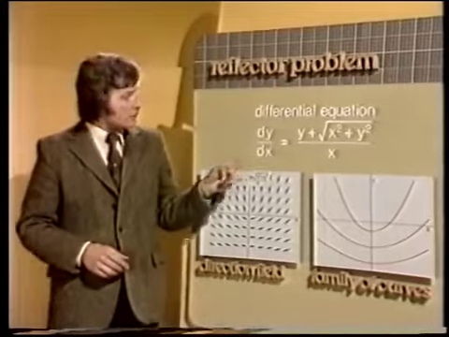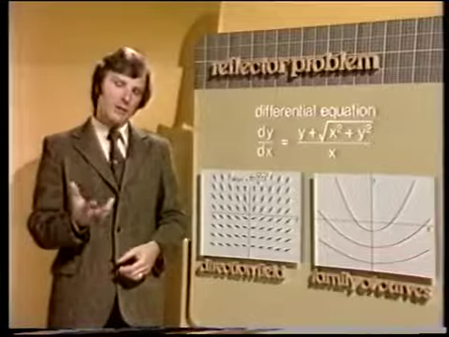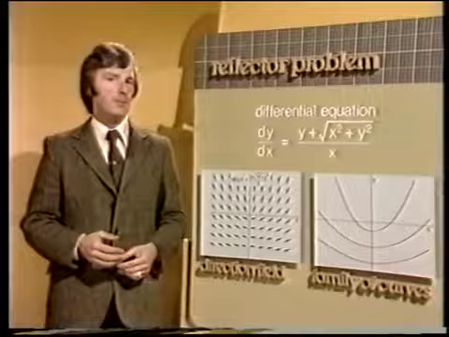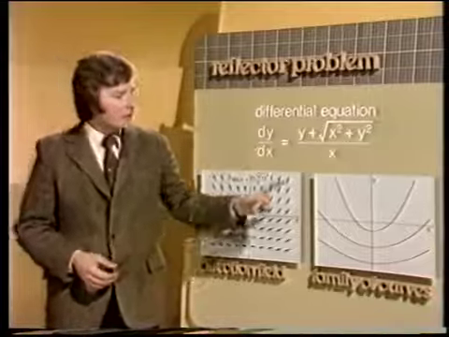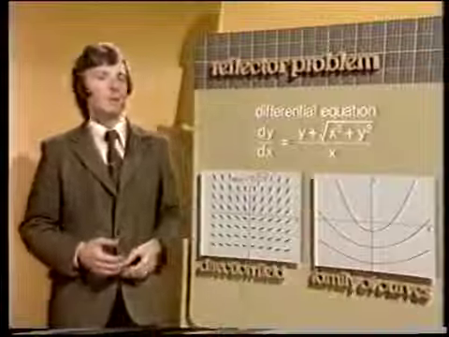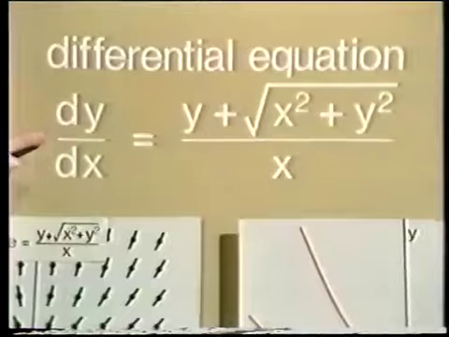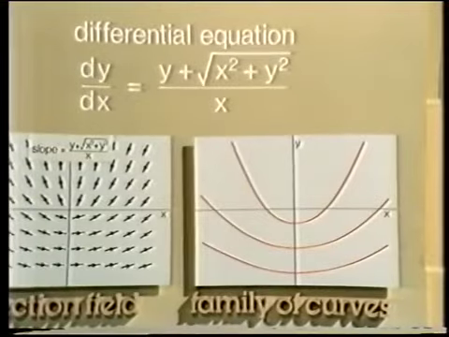Now, a solution to this differential equation is any function that relates values of y and values of x in a way that satisfies this relationship. Now, I want to use this relationship to find the family of curves of my reflector problem. So, how do I go from the statement of the equation to the family of functions that are its solutions?